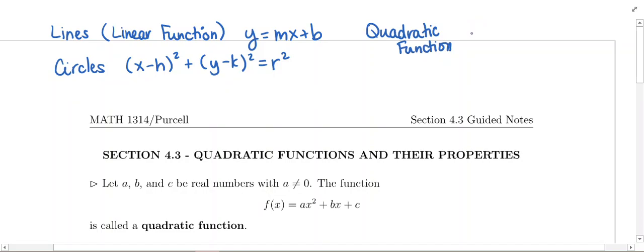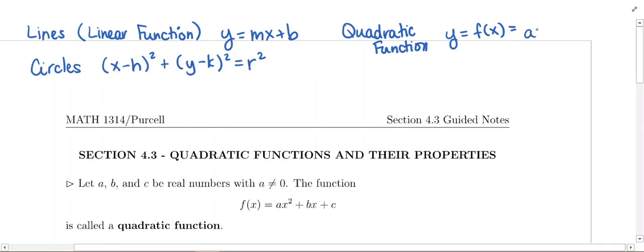A quadratic function, what its equation looks like, it's going to look like this: y equals, remember, y is the same thing as f of x, ax squared plus bx plus c. A, b, and c are just numbers. X is your variable.